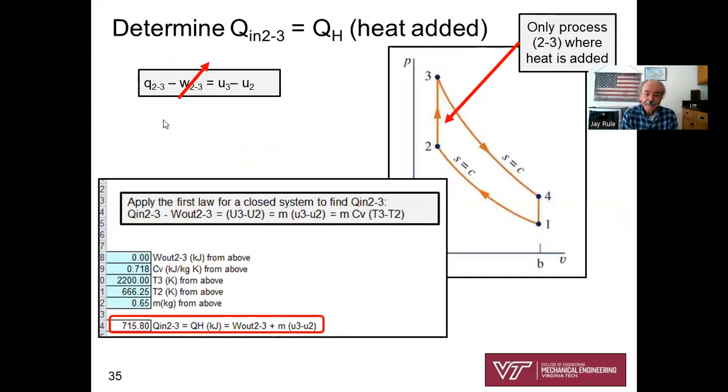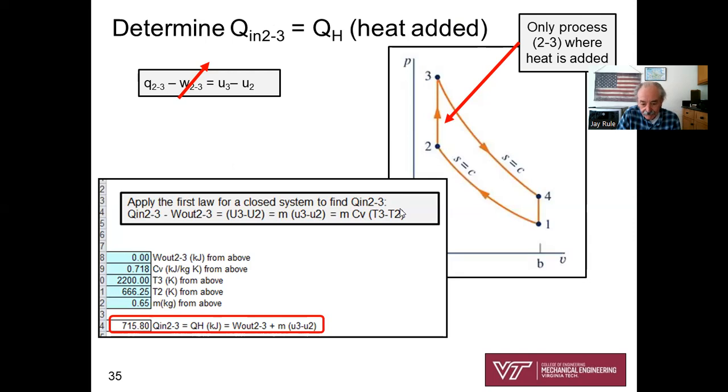Now we can easily calculate the heat added from 2 to 3. We'll apply the first law. From 2 to 3, no work is done. Visually, the area under the curve from 2 to 3 is 0. Q from 2 to 3 is U3 minus U2. We just went through that: how do we calculate U3 minus U2 for an ideal gas with constant specific heat?